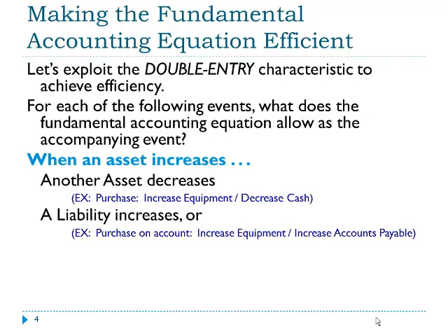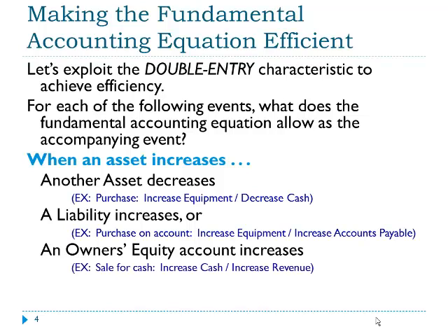Or if we purchase equipment on account, we could have an increase in the asset of equipment and an increase in liability because we owe money for that equipment. That balances too. And finally, when one asset increases, an owner's equity account could increase.